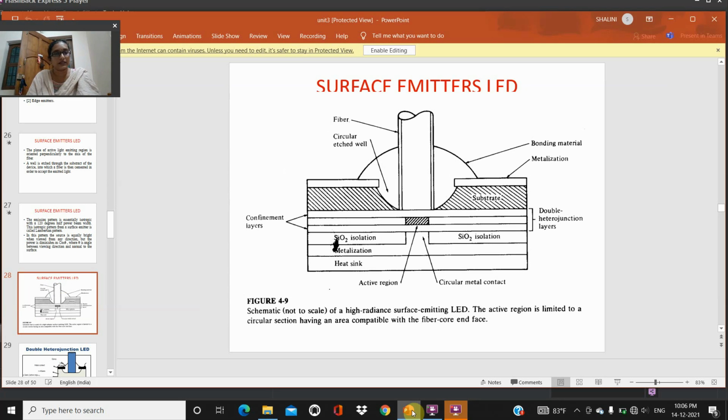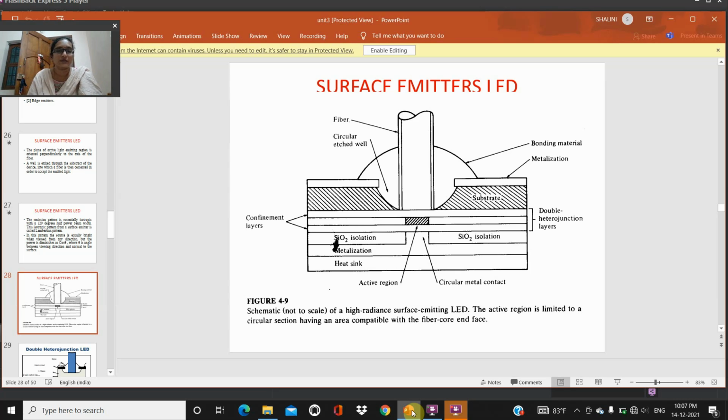Surface emitter LEDs. See the structure of the emitter LEDs. It consists of confinement layers. In the middle of the confinement layers there is the active region, SiO2 isolation below that, and in the middle of the isolation there is a circular metal contact, then the metallization layer, then the heat sink.